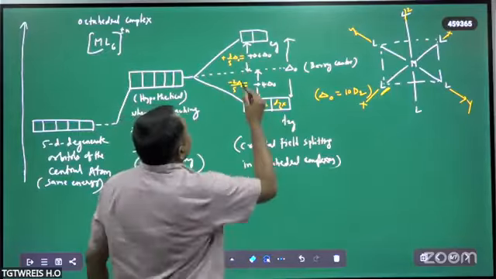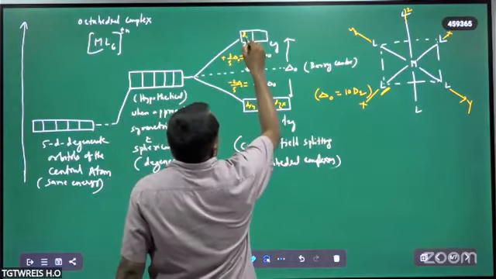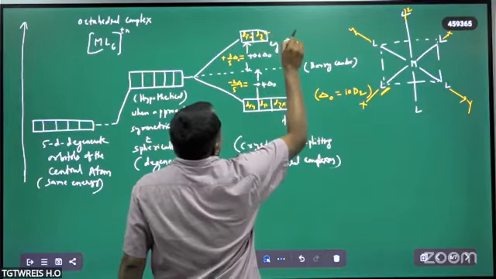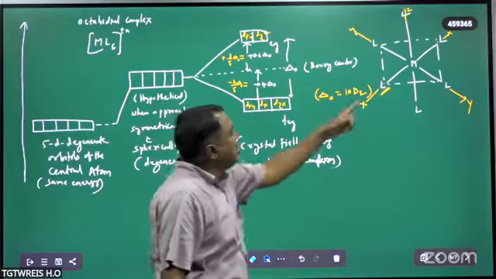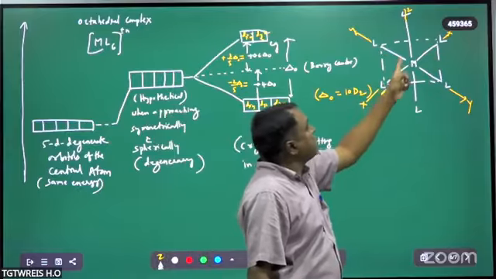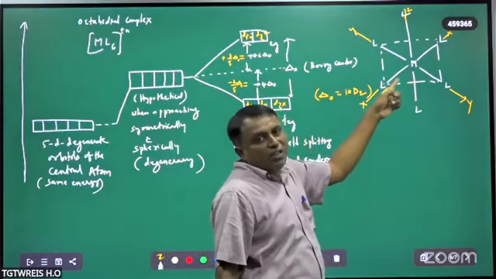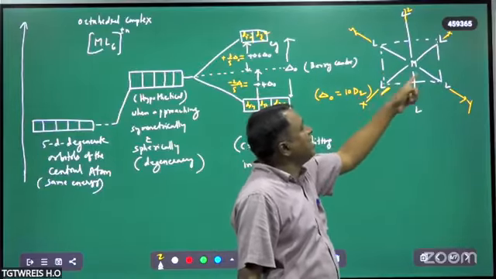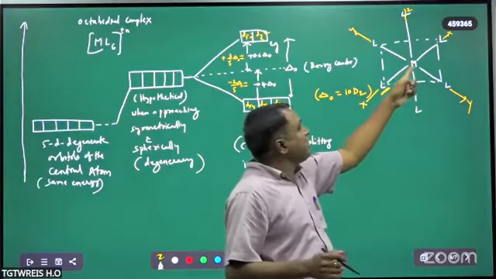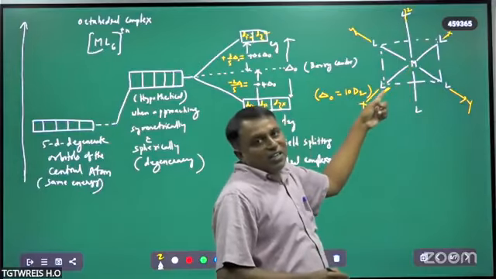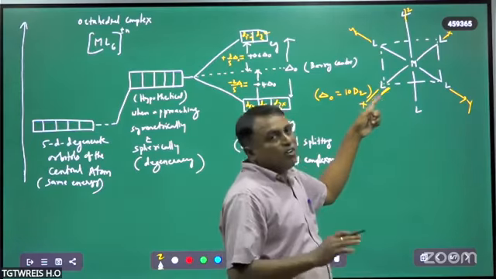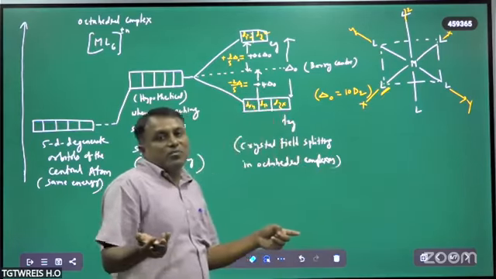Whereas in the case of dx²-y², the ligands approach along the x and y axes. So the d orbitals which are oriented along the axes are near to the orbitals of the ligands. Therefore, there will be a greater repulsion.